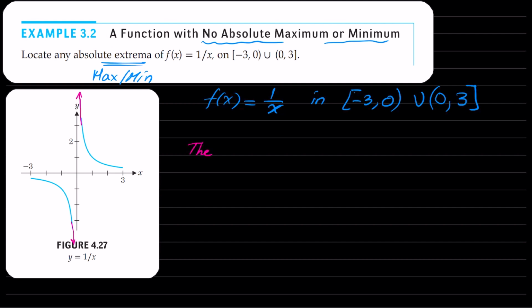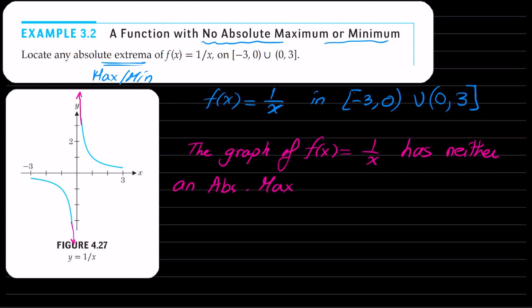So the graph of f of x, which is 1 over x, has neither an absolute maximum, since if we look here, the graph keeps going up and up, so no maximum, nor an absolute minimum, because the graph is also going down and never stops.